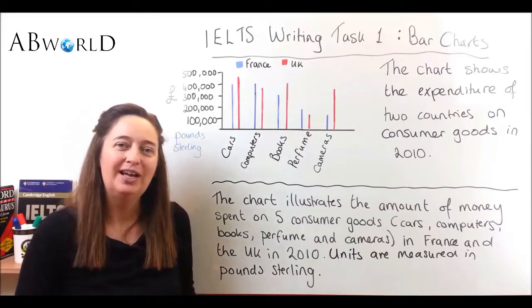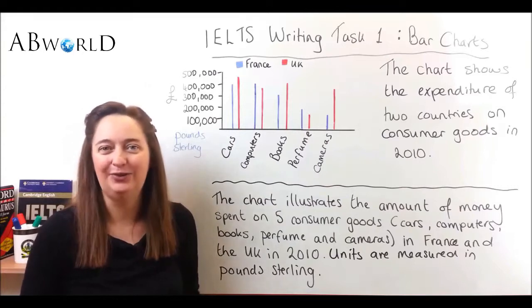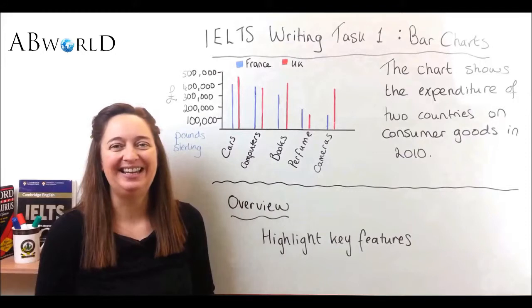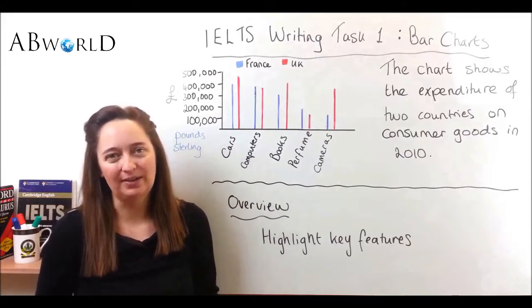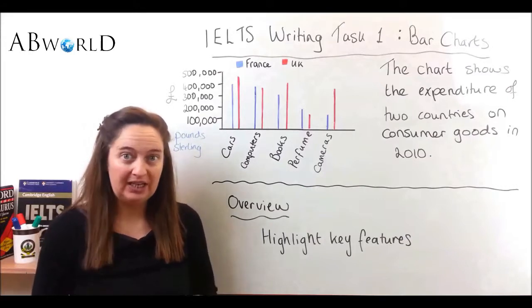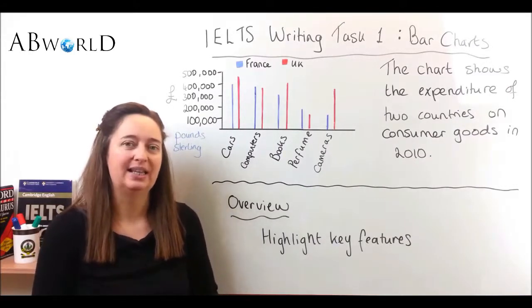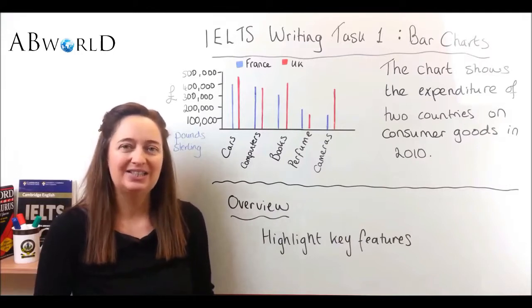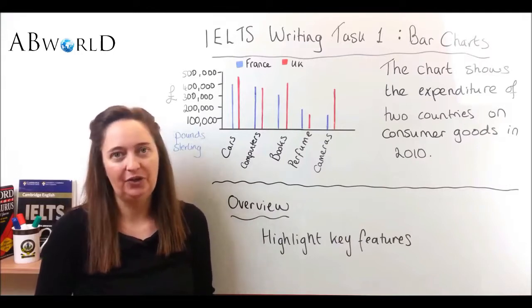Now let's move on and we'll have a look at the overview. The overview is the most important paragraph in your IELTS Writing Task 1. This is the paragraph where you will collect all the key features and put them together in an overview statement. The examiner is looking for the overview.